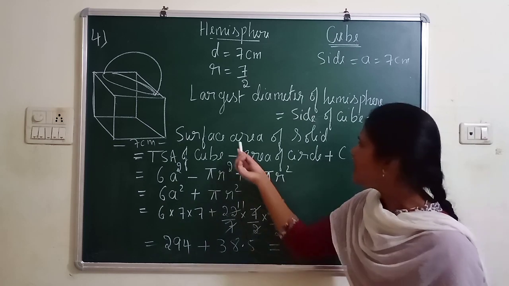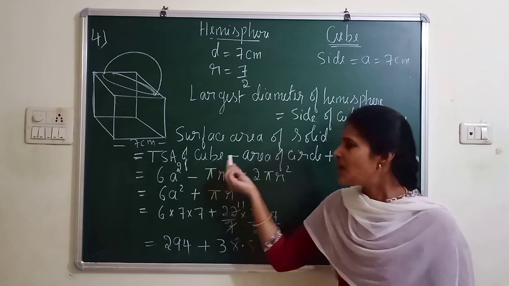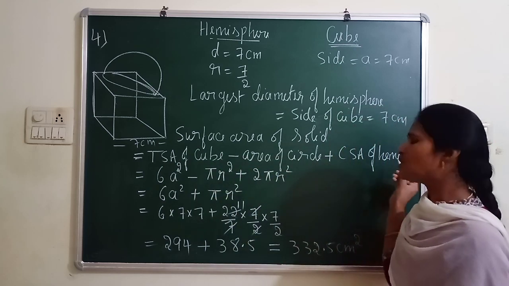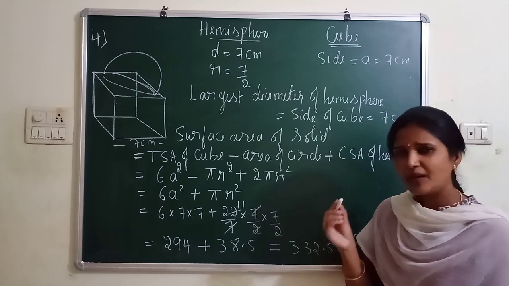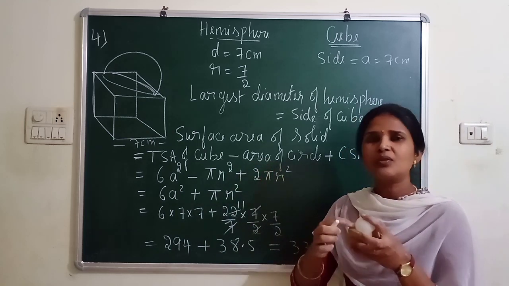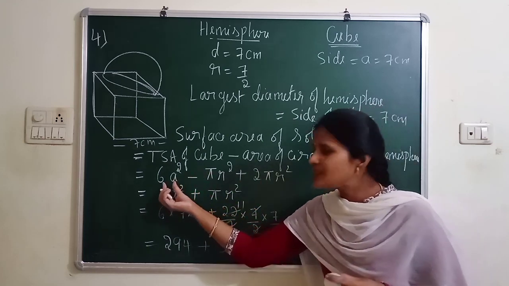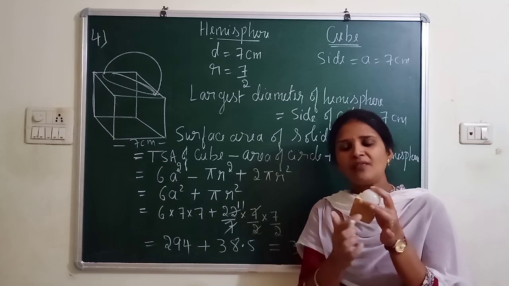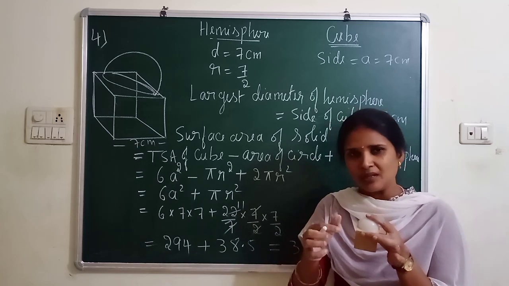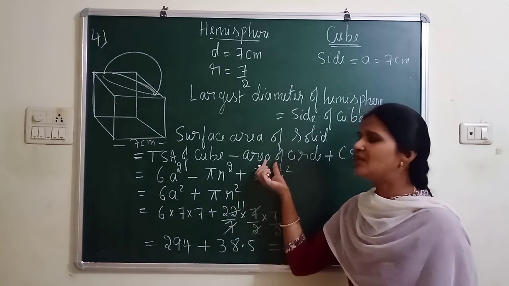So the surface area of this solid is the total surface area of the cube minus the area of the circle plus the CSA of the hemisphere. Try to understand why I subtract the area of the circle: to get these corners. Not from 5 faces, you subtract from all 6 faces, because 5 faces you can see very clearly and the 6th face is incomplete. To get those corners, we subtract the area of the circle.